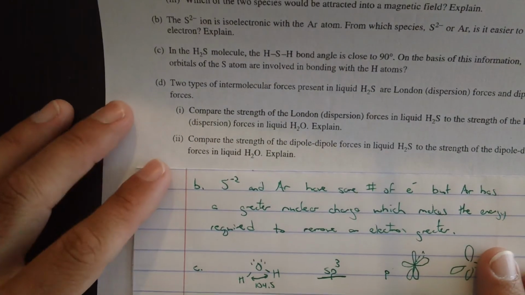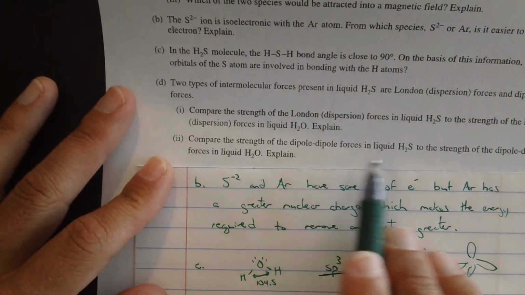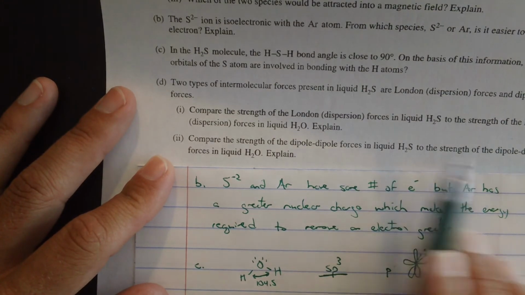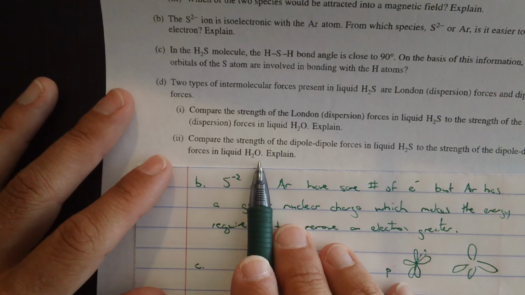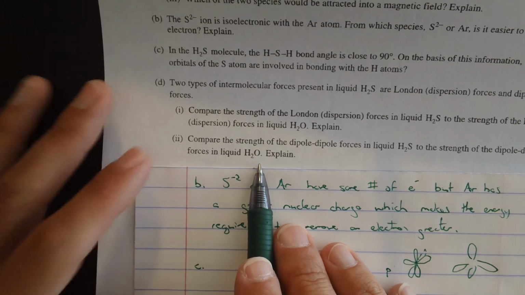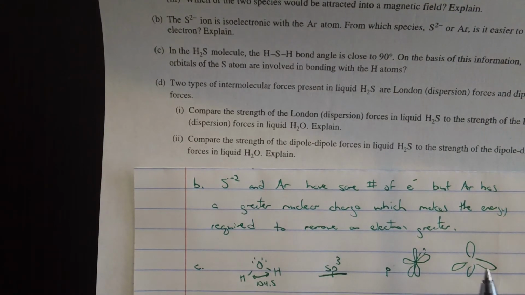And then D part 2 says compare the strength of the dipole forces in H2S to the strength of the dipole forces in water. Now we know water has hydrogen bonding. That's a specific type of dipole force.